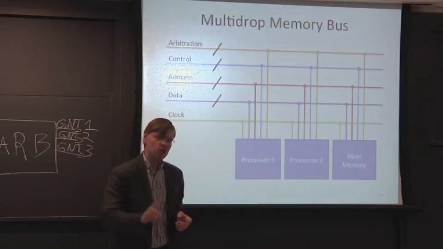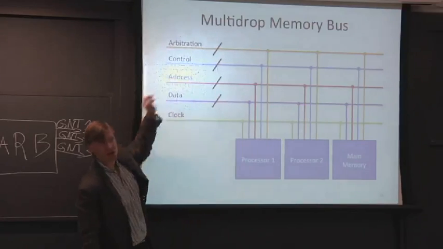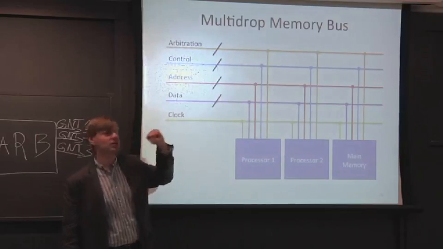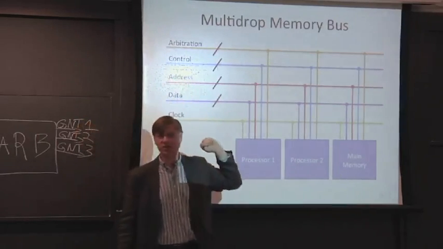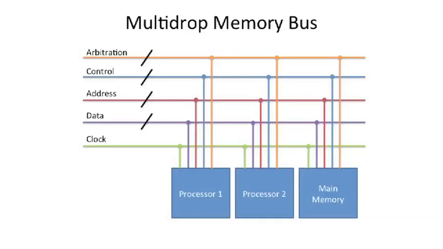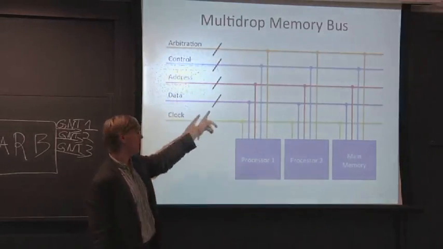Now, we haven't yet said where we want to do a read of. Because if you look at this multi-drop bus, we have wires for that. We have an address bus. So you first will say, I want to do a read, and I want to do a read of address 5, we'll say. Then, in a traditional multi-drop bus, you'll actually wait.